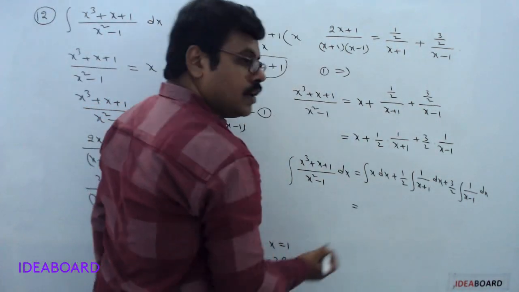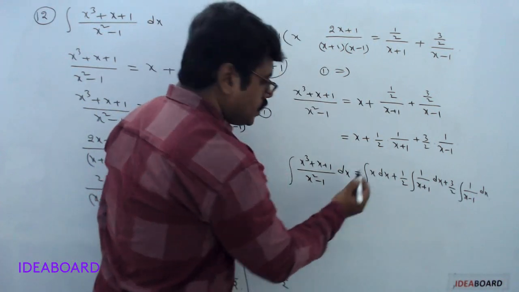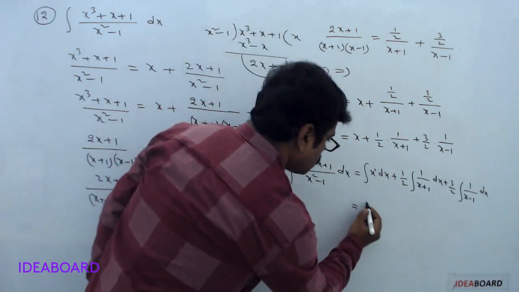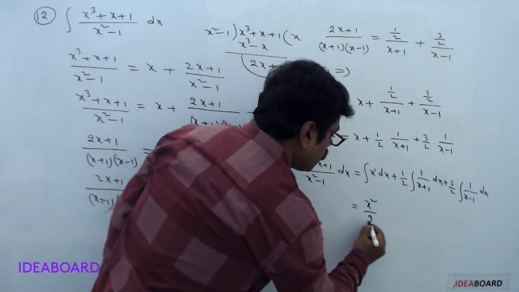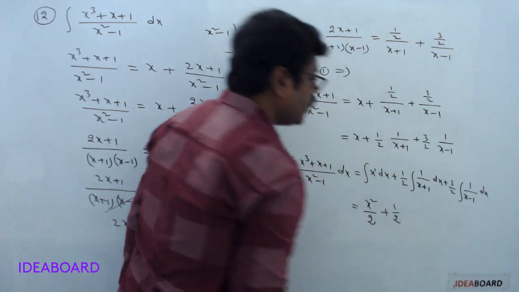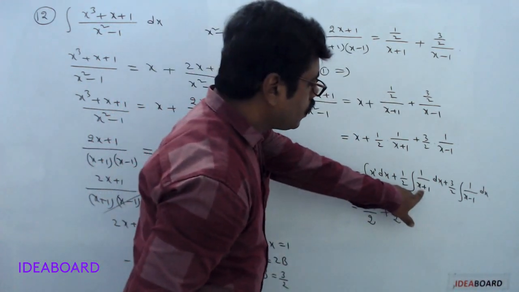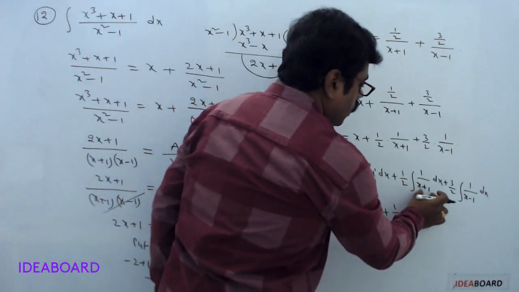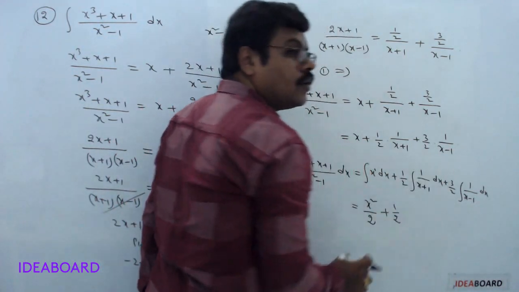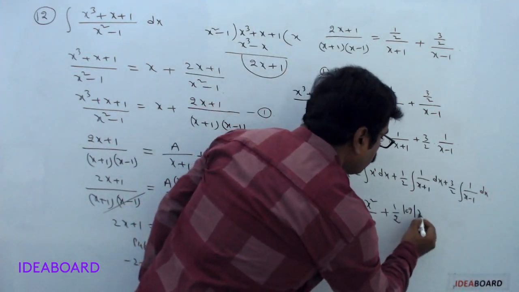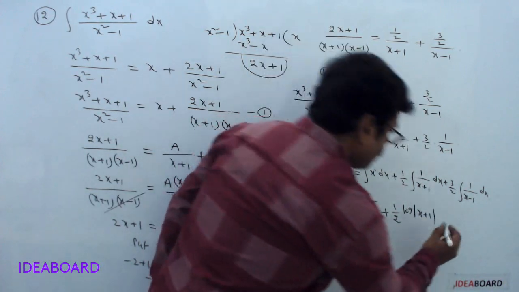Now this is integral x dx. x means x to the power 1. Integral x dx is nothing but x square divided by 2, plus 1 divided by 2 into integral of 1 by x plus 1, where the derivative of x plus 1 is 1. Clearly, derivative of denominator is in its numerator. So, what is its value? Log mod x plus 1.